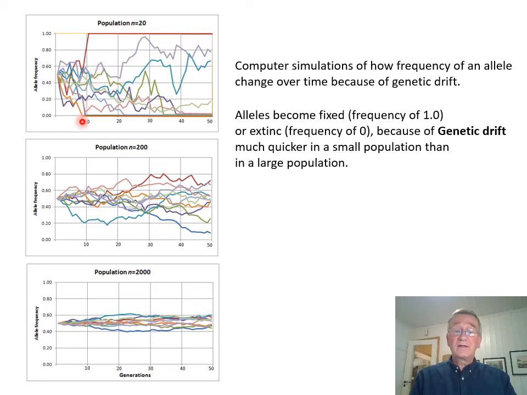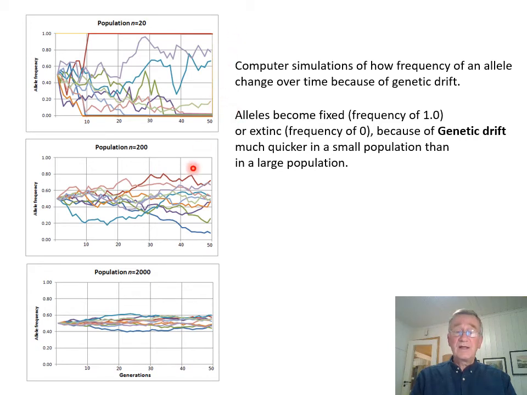In other cases, it goes smaller and smaller, and it ends up being extinct. Some of them, one allele can survive for 50 generations, but it's absolutely much lower than the starting point, which was 0.5. So sooner or later, it will go down to extinction or fixation.